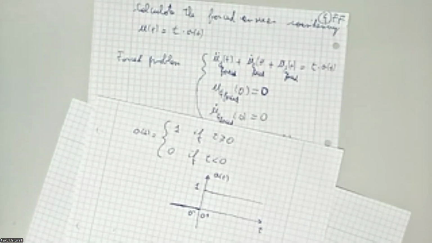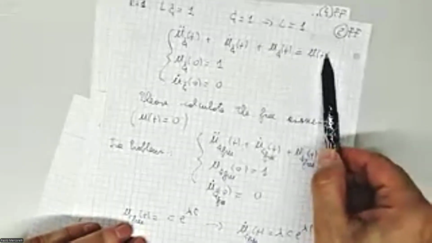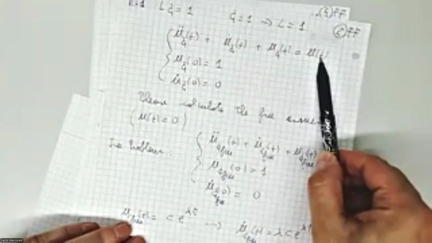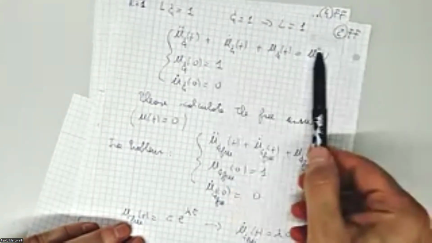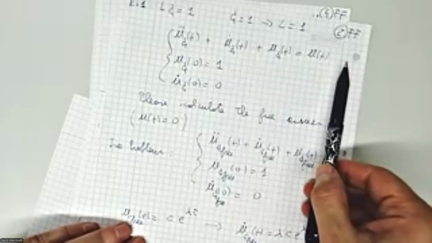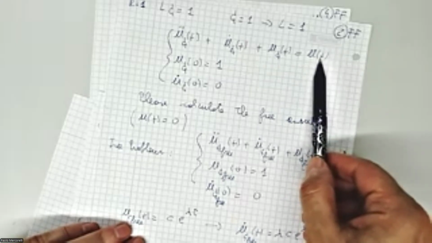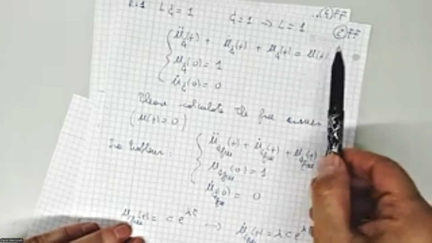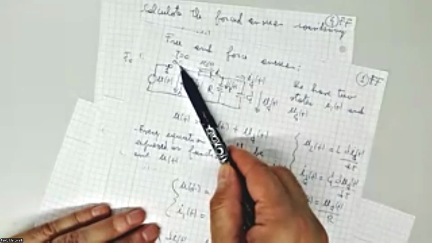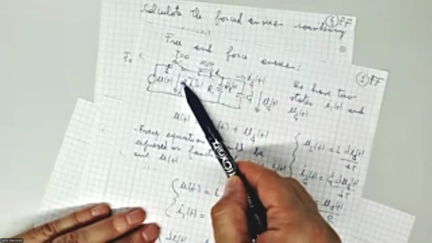This problem we don't have in this formulation, and for the free answer, because this is 0. We don't have any switching situation. If I put here 0, this means I am starting to analyze the condition that this switch is in this position here.